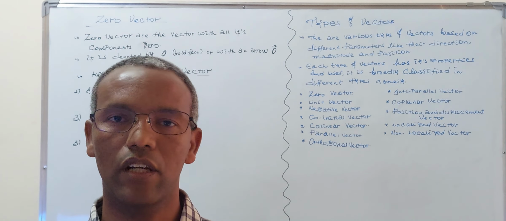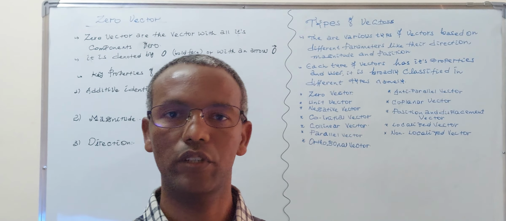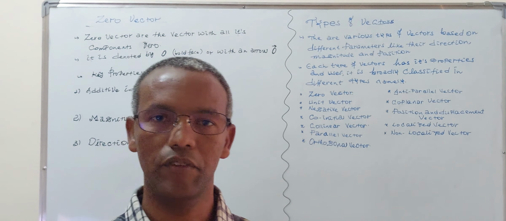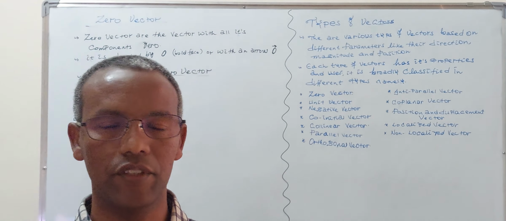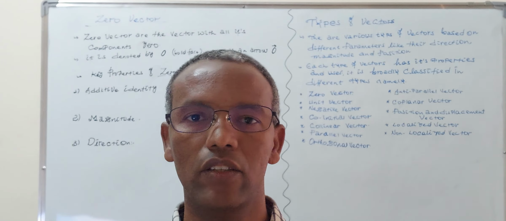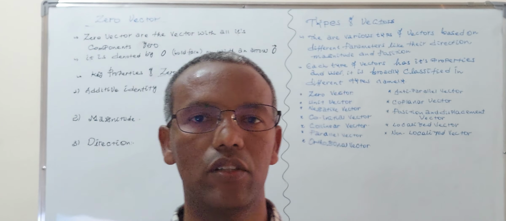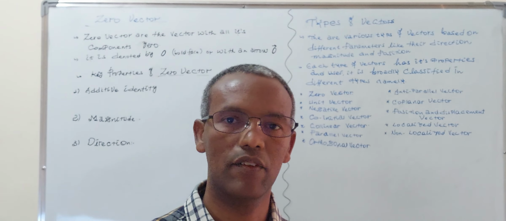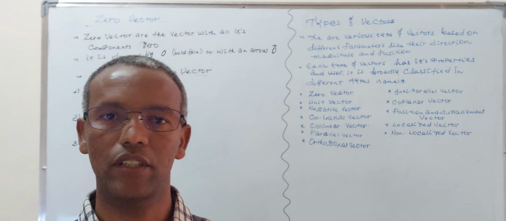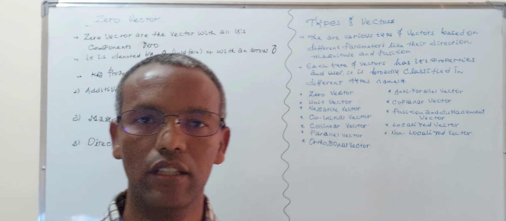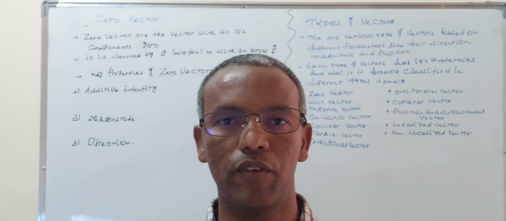A scalar physical quantity has only a magnitude, and a vector quantity has both magnitude and direction. I believe you remember those sections, where we saw a list of scalar physical quantities as well as vector physical quantities. So in this session, like I said, I will cover the types of vector.